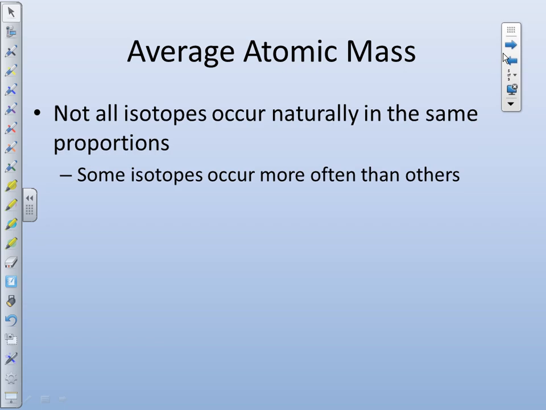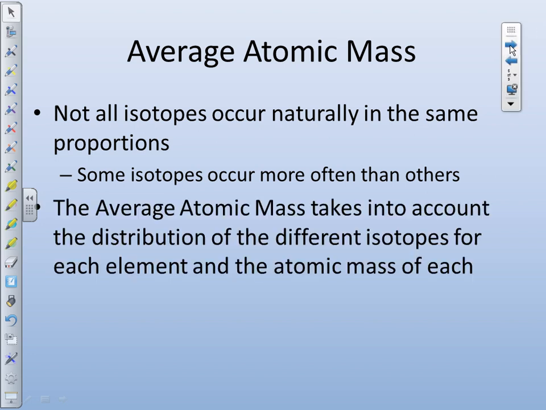What we find out is that while magnesium-24 and magnesium-25 and magnesium-26 all exist, they don't exist in the same proportions. There isn't one magnesium-24 for every one magnesium-25 for every one magnesium-26, okay? So the number on the periodic table, the average atomic mass, has to take into account how many magnesium-24s are there, how many magnesium-25s, how many magnesium-26s.